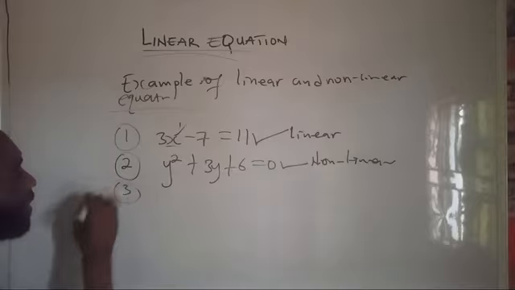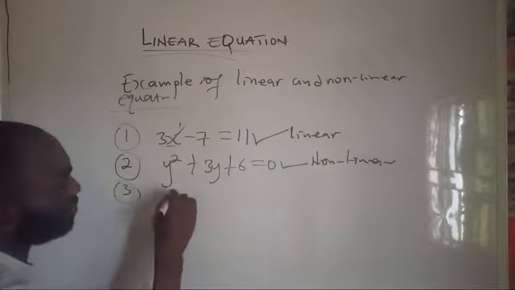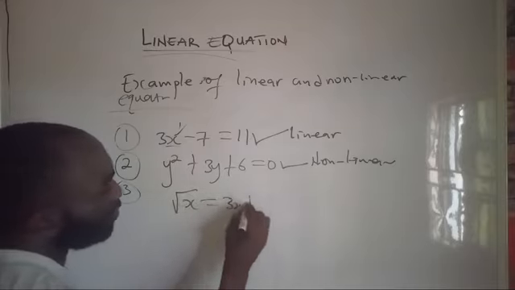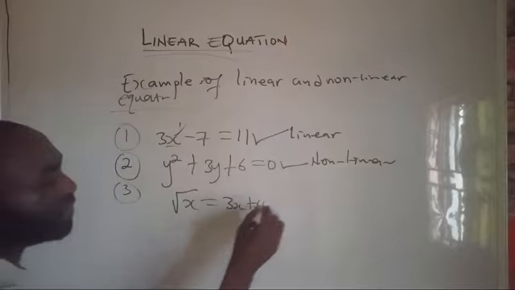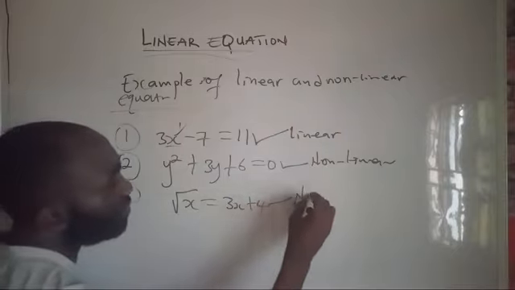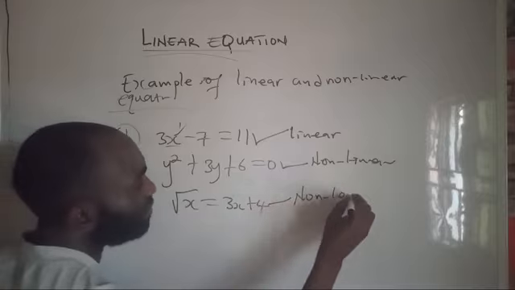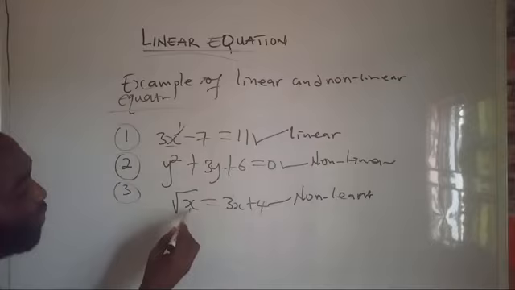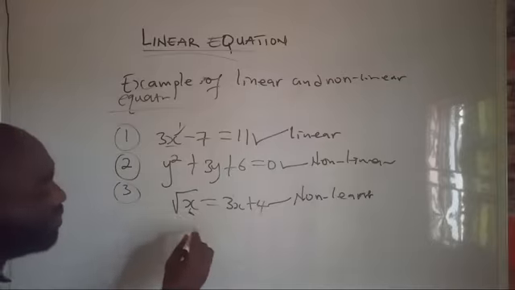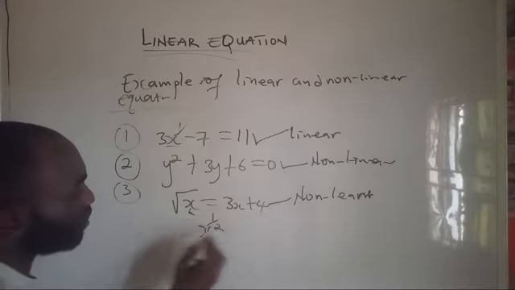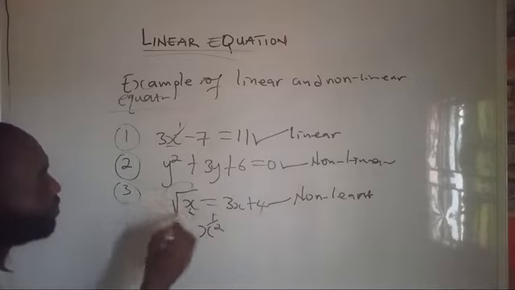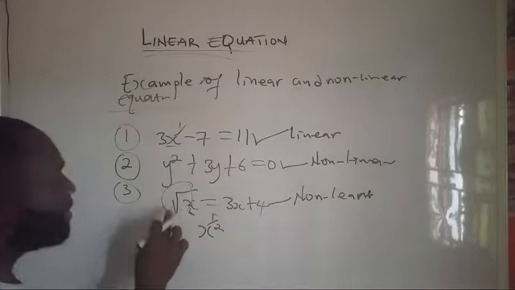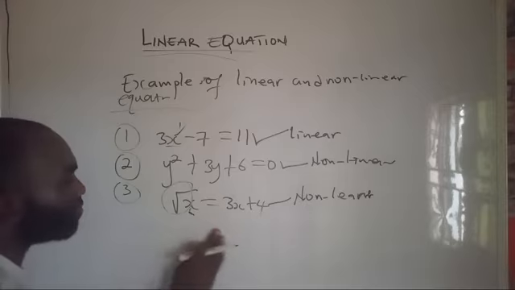And 3, when you have square root of x is equal to 3x plus 4, this is a non-linear equation. Why? The power of x in this equation is x raised to the power of 1 over 2. 1 over 2 means square root. You can know that in indices. So this is not linear as well.